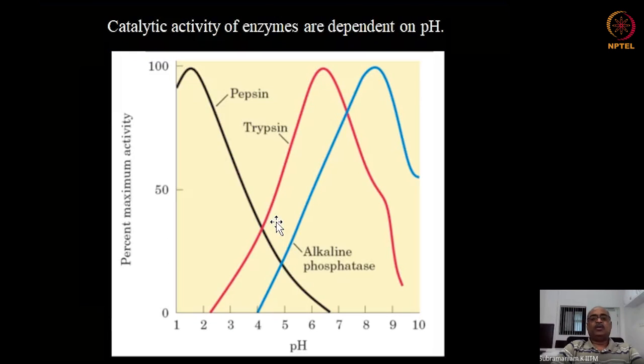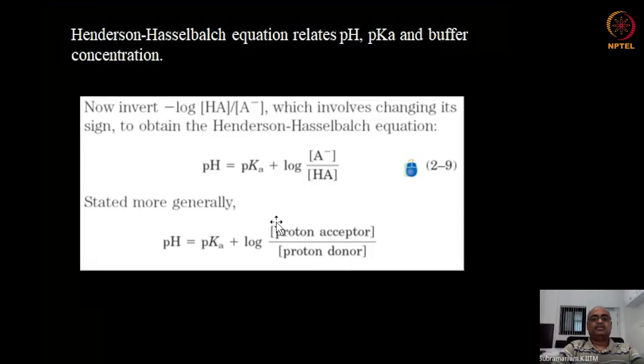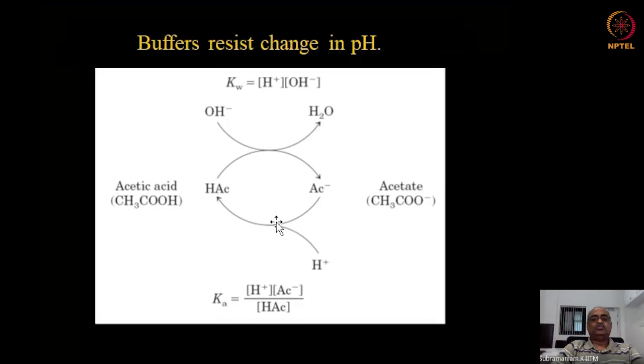Let us take, for example, acetic acid. Say I have a certain quantity of acetic acid in the solution, let's say 100 ml of 1 molar acetic acid. Now it will start to dissociate as I add sodium hydroxide.